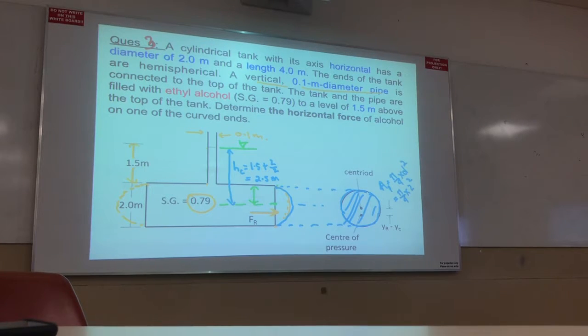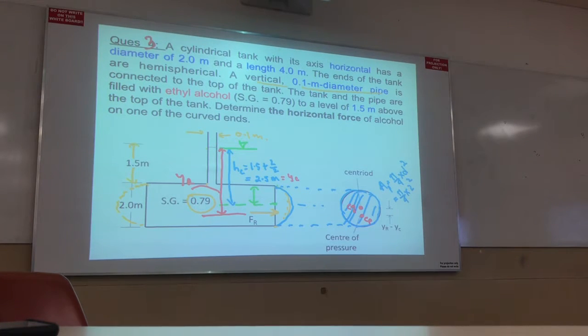So this indicates the centroid, CG. And this one indicates the center of pressure. The distance from the surface of the water to this point is called YC actually, HC or YC. You can write, no problem. This one is YR.